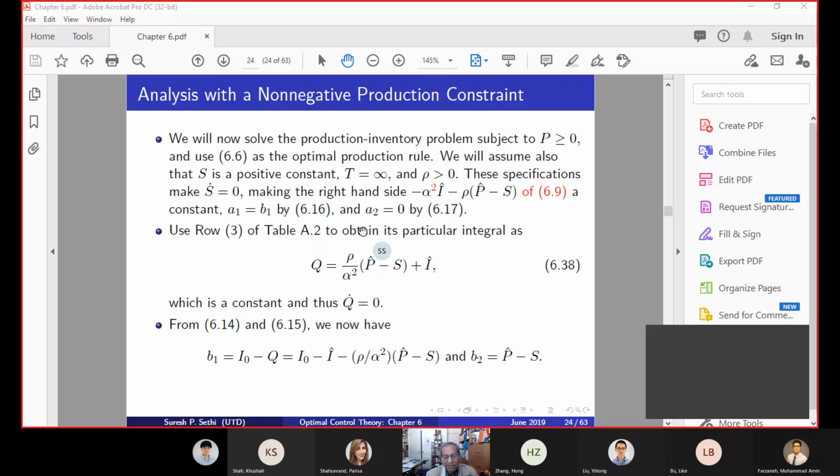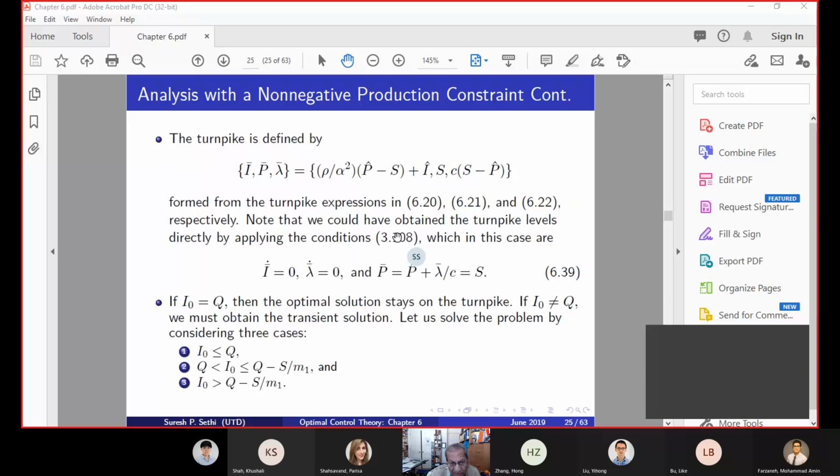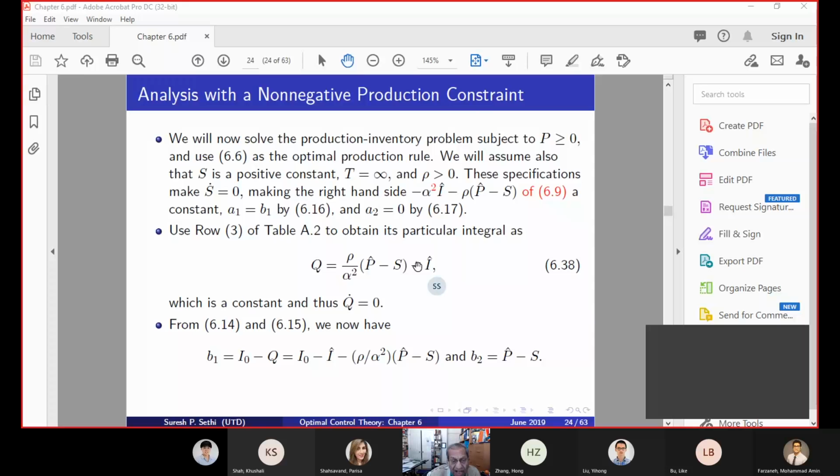The production that I have, well, the formula is here as well. This formula was kind of production, and if that becomes negative, then I cannot use negative control. I can only use zero control.